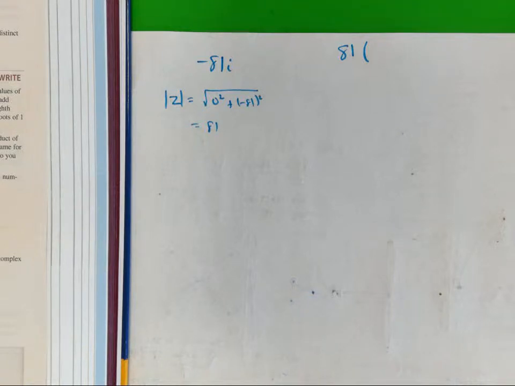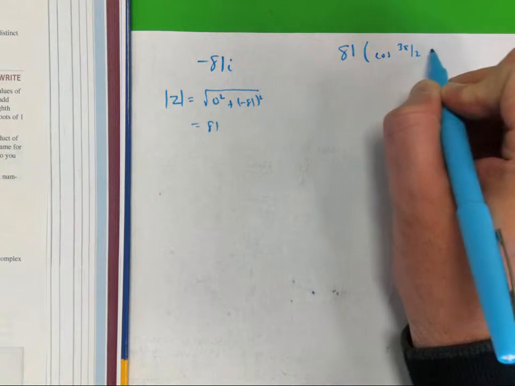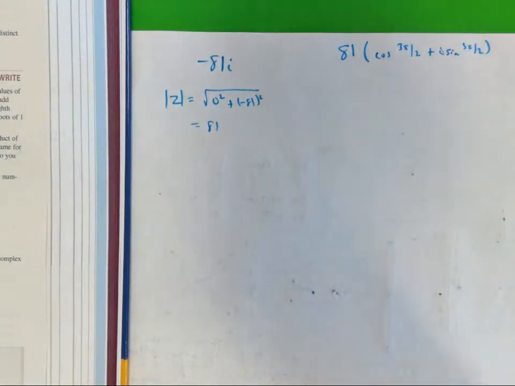Straight down. It's like I'm graphing 0, negative 81. You see that? The real part is 0. You always graph the real part first, and then the imaginary. So it's going to be straight down at 3 pi over 2. So that is what you put right here: cosine 3 pi over 2 plus i sine of 3 pi over 2.